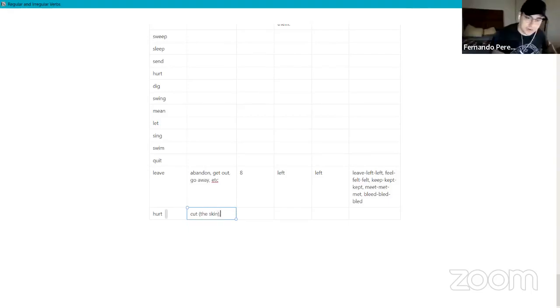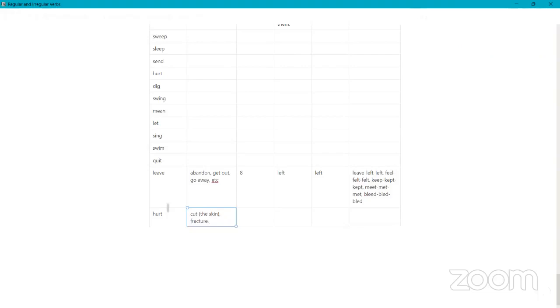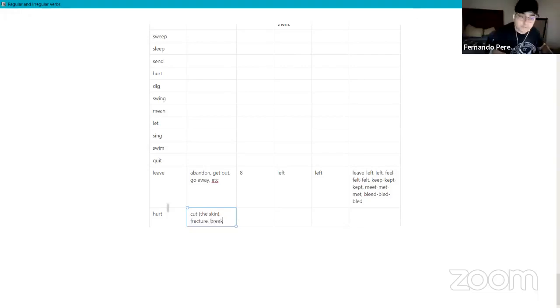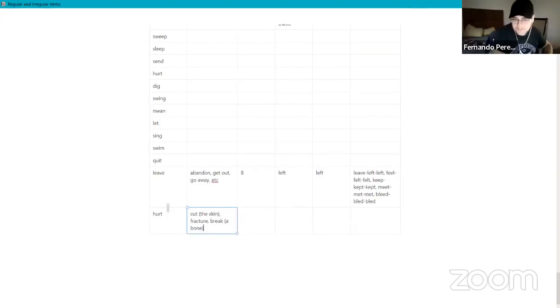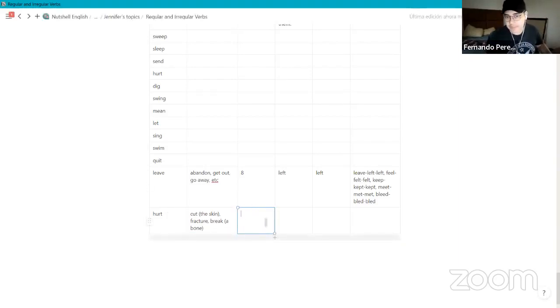But there is another way. It can be cut, but it can also be fracture. It can also be break. Or hurt is more general. So we know the definition. How do we identify the pattern?